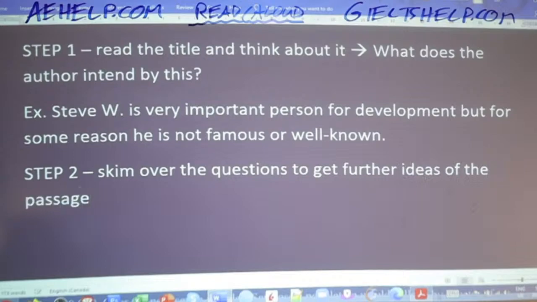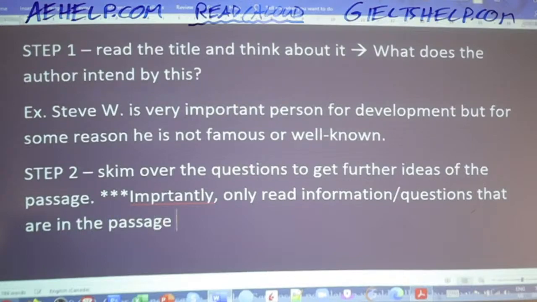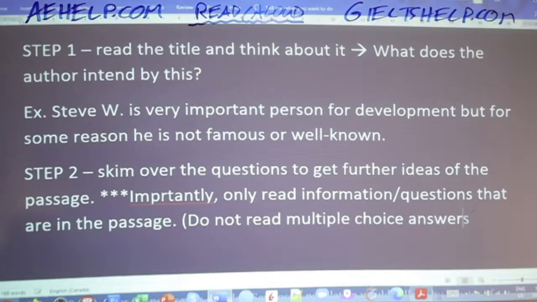But importantly, only read information or questions that are in the passage. So that means, like, don't read multiple choice answers or true, false, not given.